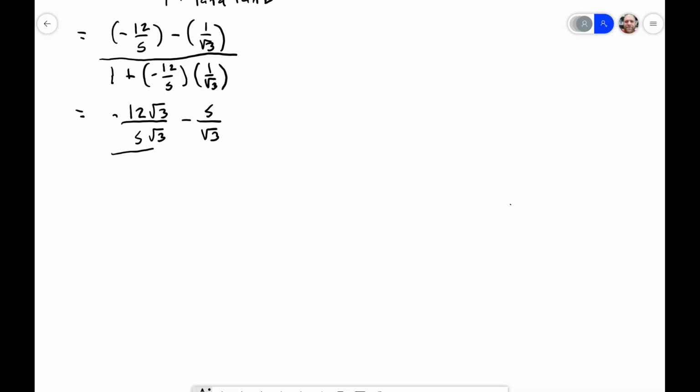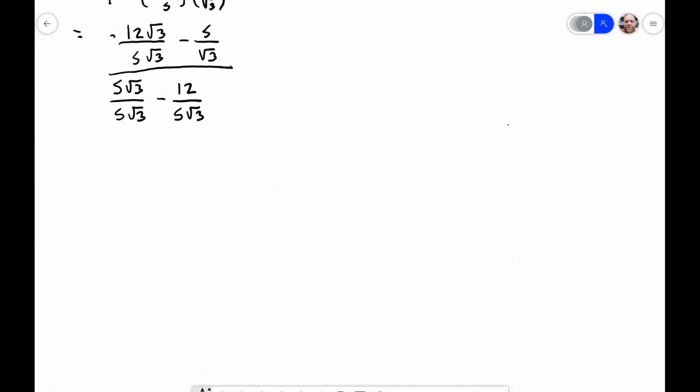For the denominator down here, multiply the 1 by 5 root 3 over 5 root 3, so we get 5 root 3 all over 5 root 3. And this is going to end up being minus, multiply those fractions across, and we have 12 over 5 root 3.